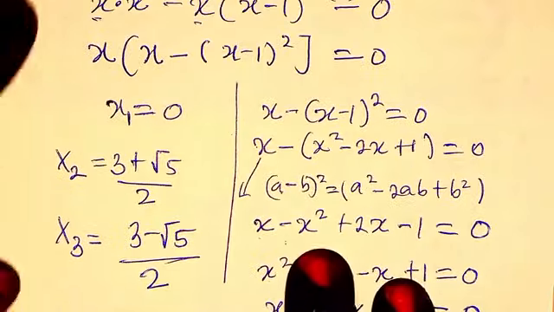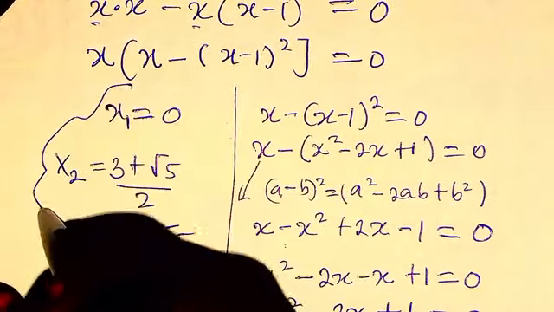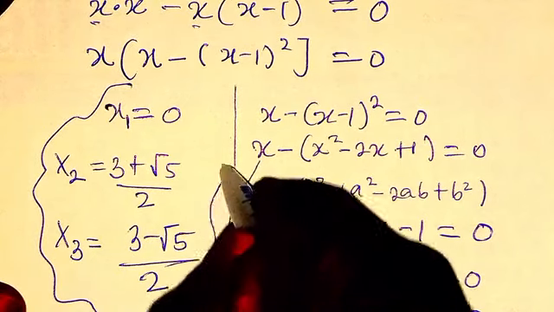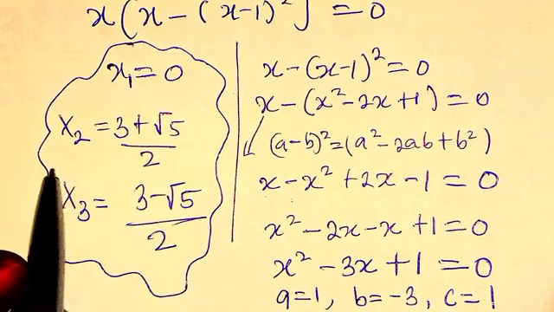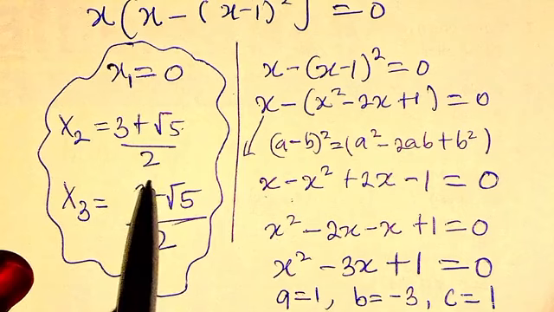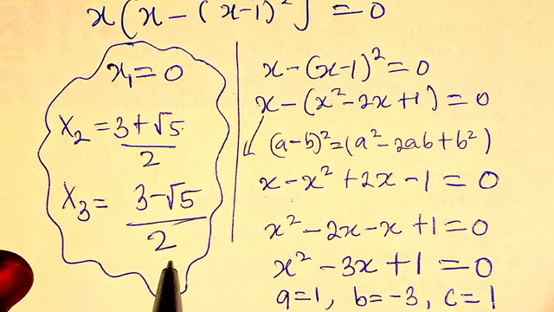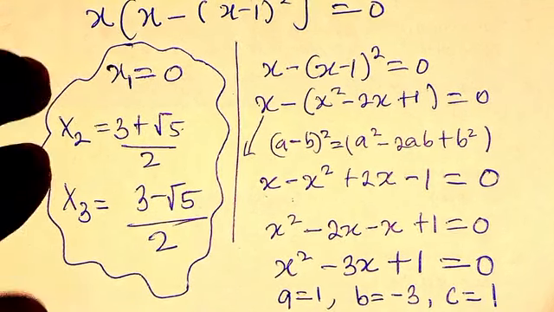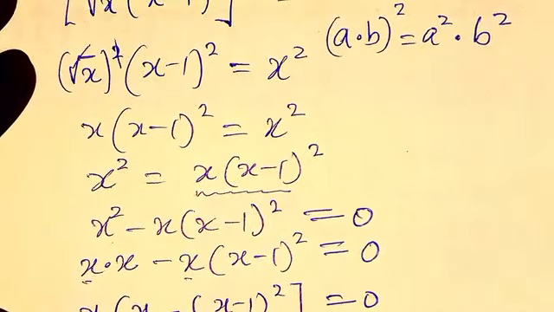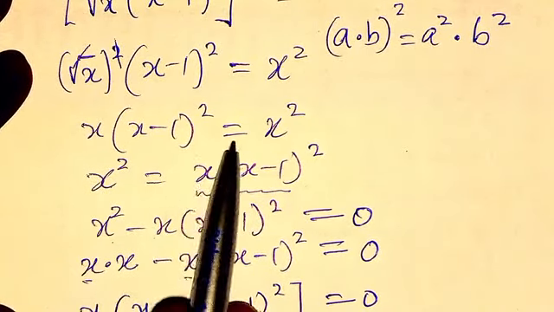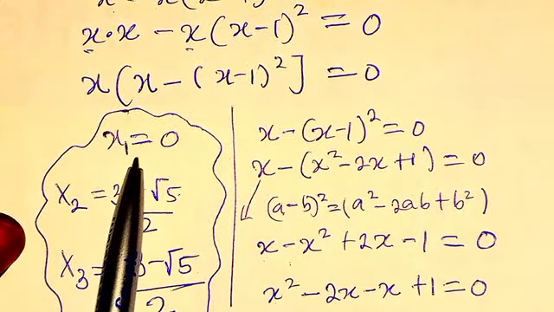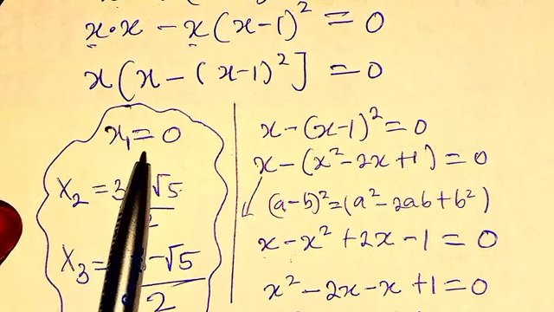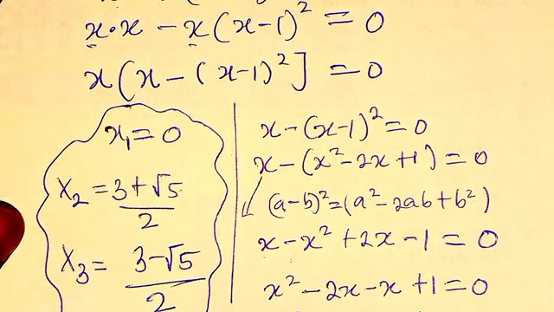So now these are the solutions. We have x1 to be 0, x2 to be 3 plus root 5 over 2, and x3 is 3 minus root 5 over 2. So therefore, if you actually cancel out the value of x, do you understand? It shows that the first solution will be missed out and is still part of the solution.